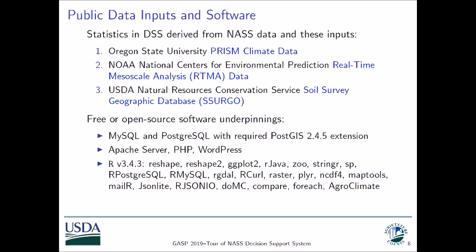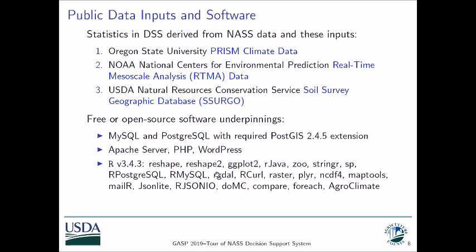I've listed here just a few of the many open source or free software underlying this. So we have database management in MySQL and PostgreSQL. This one in particular relates to a spatial database that we built. You have Apache Server, PHP, and WordPress for the content management.